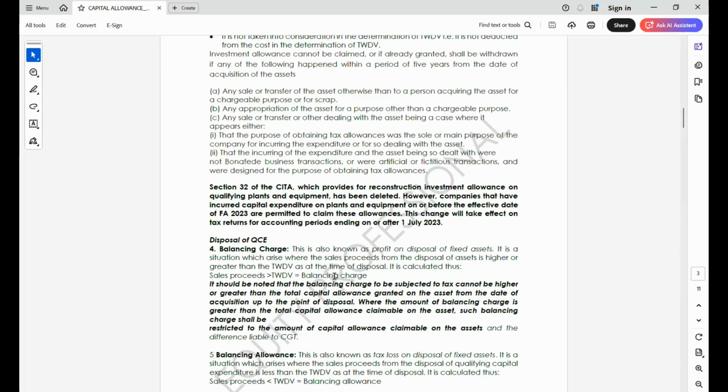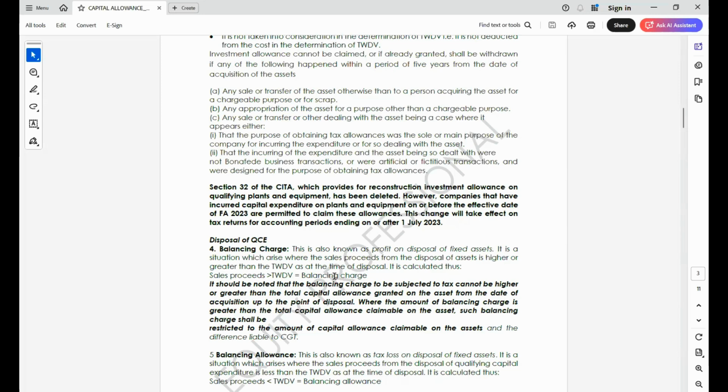We have stated earlier that when you are claiming your capital allowance, the asset must be used for the purpose of business. So when you are charging any income you made from that asset, it must also relate to the one you used for the purpose of the business. So it must not be more than the total capital allowance that has been granted on that asset.